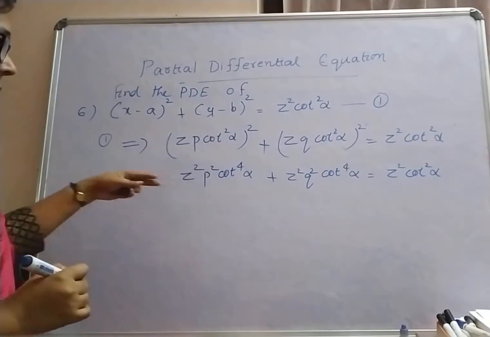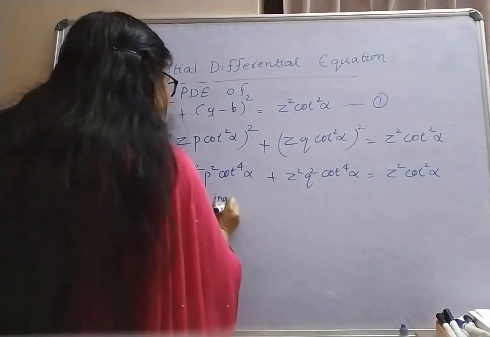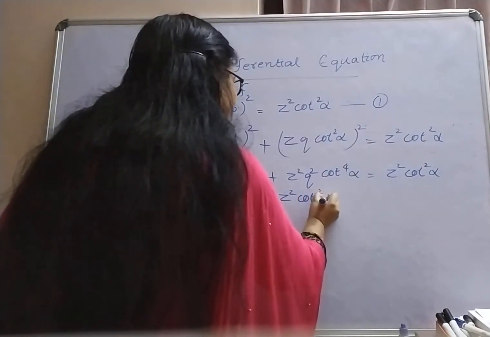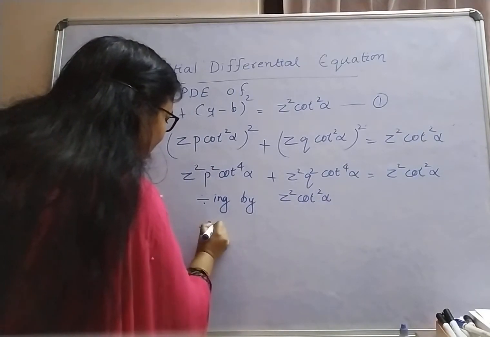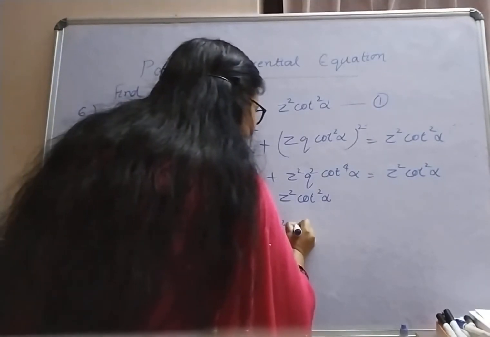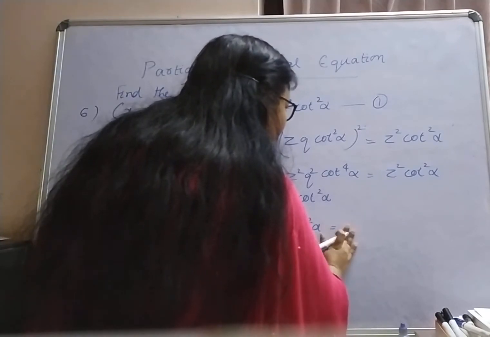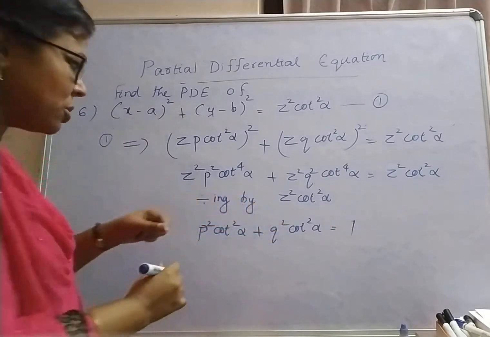Now dividing by z square cot square alpha throughout, we get p square cot square alpha plus q square cot square alpha equal to 1. This cot square alpha can be taken outside.